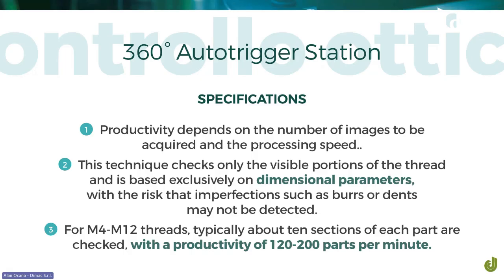Now, for threads in the M4 to M12 range, we typically inspect around 10 sections per part, with throughput between 120 and 200 parts per minute. The exact rate depends on whether we're using a tip and tail configuration or a magnetic rotation system.